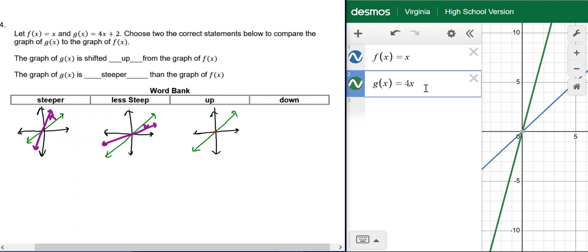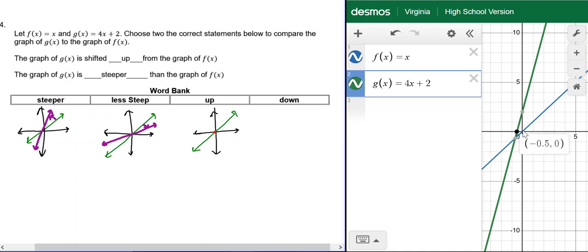So if I look here, I'm going to go ahead and put this up too. And here's the y-intercept, and here's the other y-intercept. It shifted up too. So the graph not only became steeper, but it also shifted up. So that's what we have there. Okay?